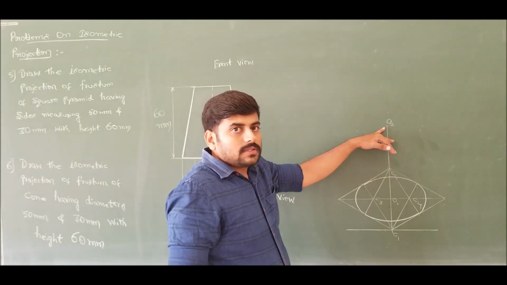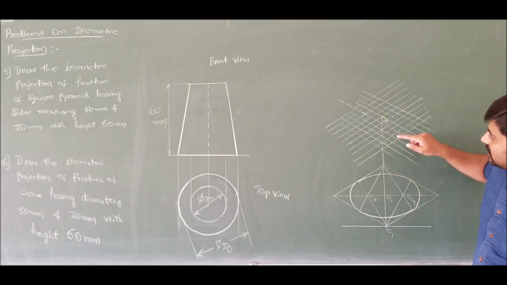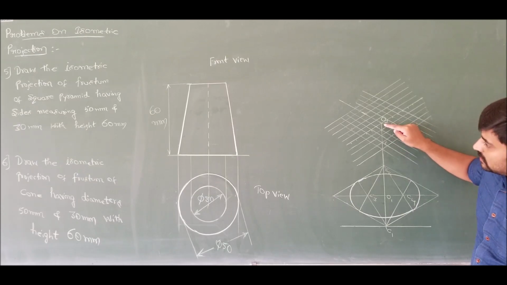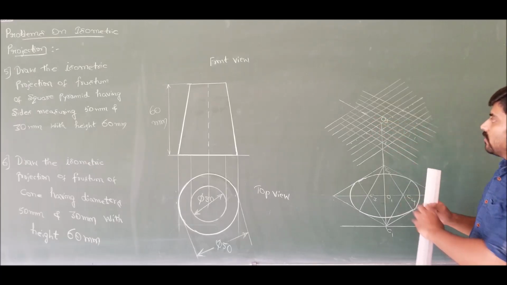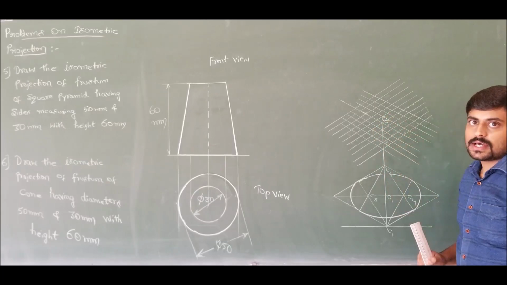So if I construct the grid lines, it will look like this. Now with this center O2, choose 1.5 boxes upward, 1.5 boxes downward, 1.5 boxes towards your left and 1.5 boxes towards your right.